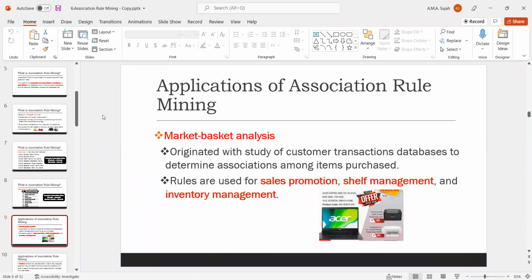To study market basket analysis, you need to understand the customer transactional databases. For that, you need to analyze online transaction processing databases, OLTP, whether it's a relational database. You can analyze the data.